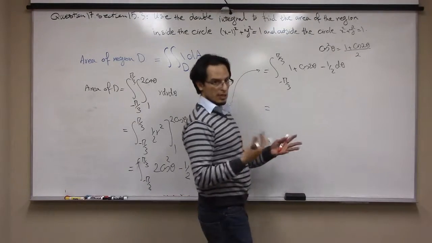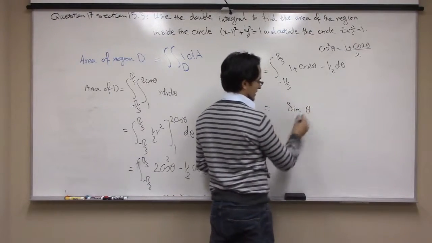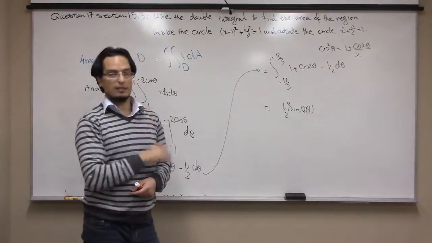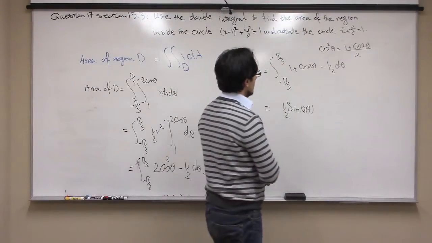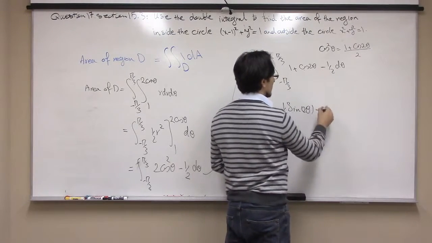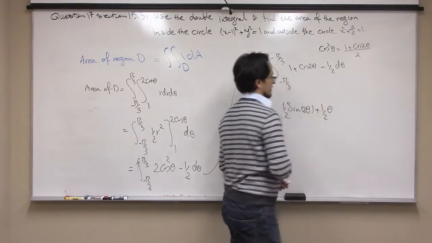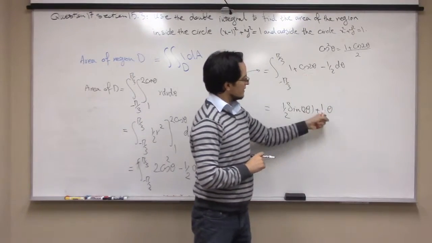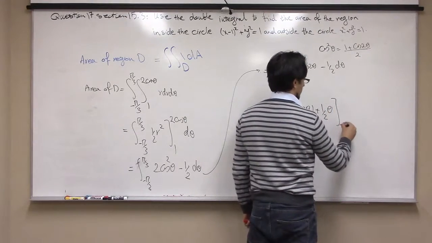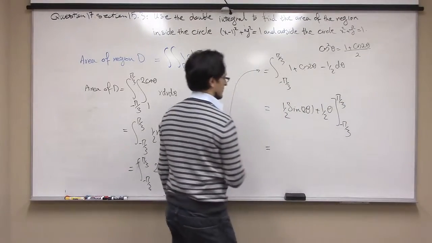If it was cosine theta, it would be sine theta, but now it is 2, so I have to multiply by half, so that I get rid of that 2. 1 minus half, it is plus half. That's half theta. I have half here, the antiderivative of that is half theta. You go from negative pi over 3 to pi over 3.